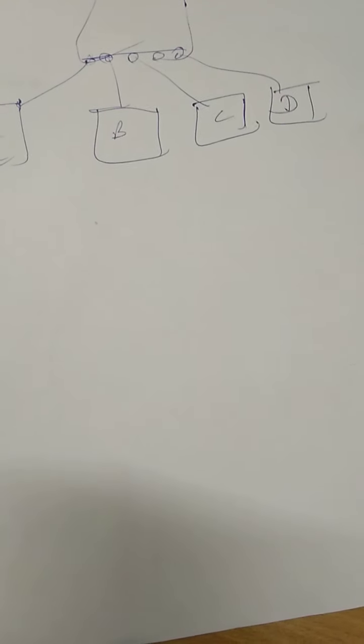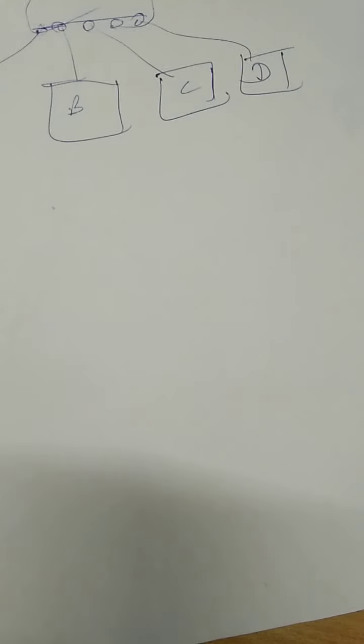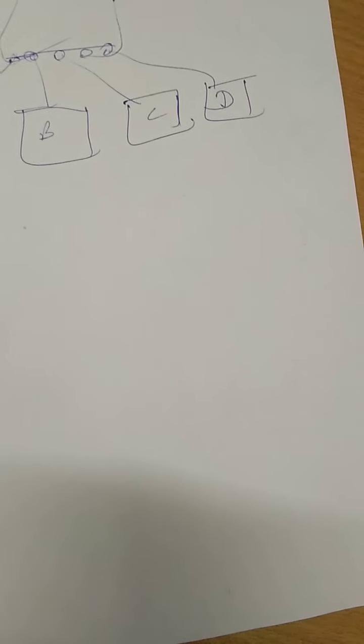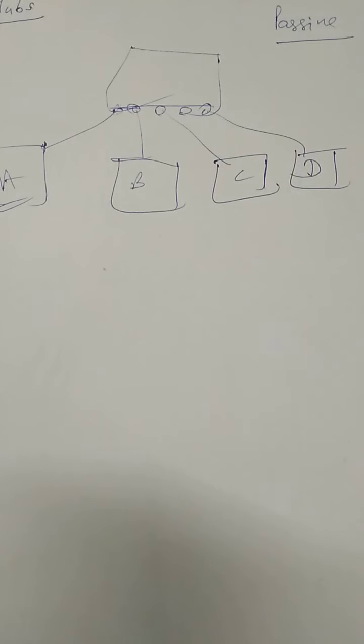There are three types of hubs. First is the passive hub. What do we mean by a passive hub? These hubs don't contain any electronic components and they don't process the data signal at all. The only use of a passive hub is to combine the signals from several network cable segments.